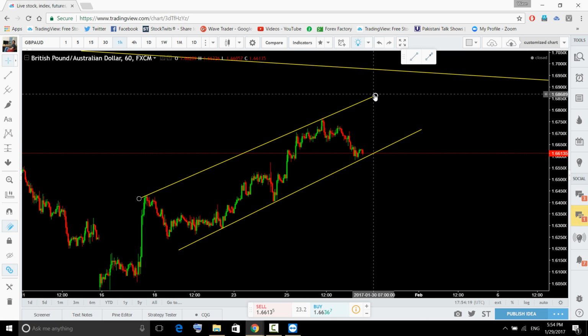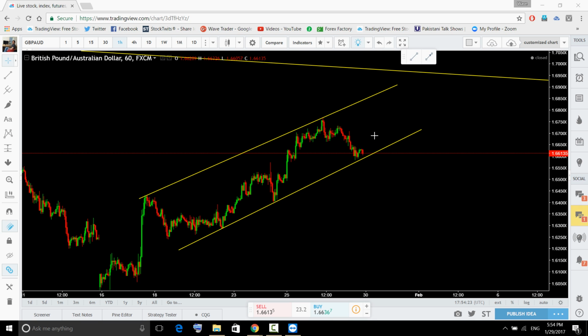All right, so this is the move you guys need to look for. All right, if you guys remember, I explained pound CAD in detail in the last meeting. So on pound CAD I was anticipating this move, this kind of pattern for the upside.